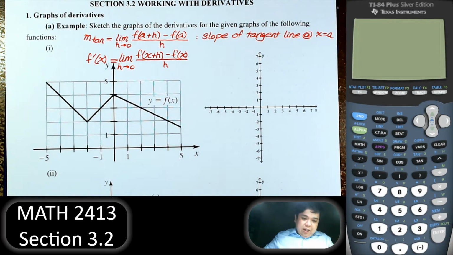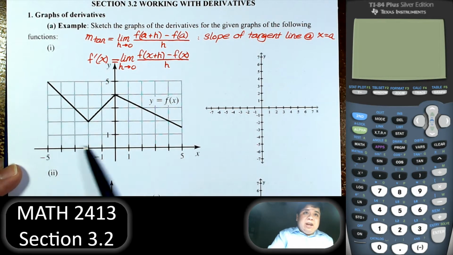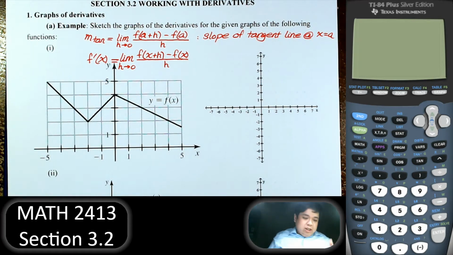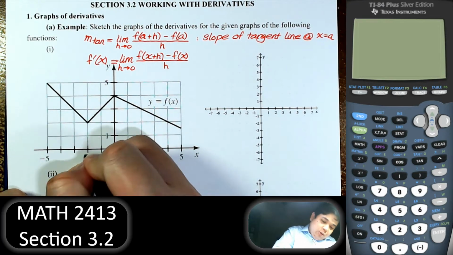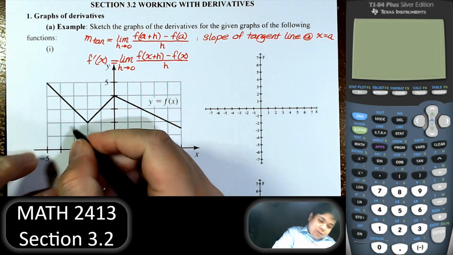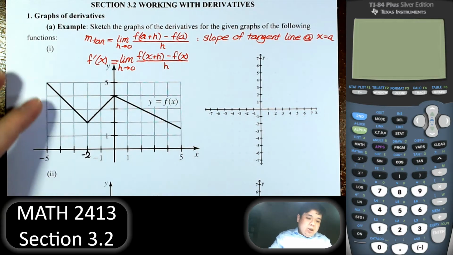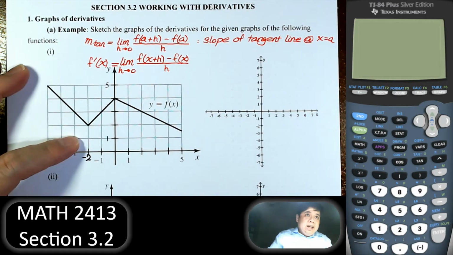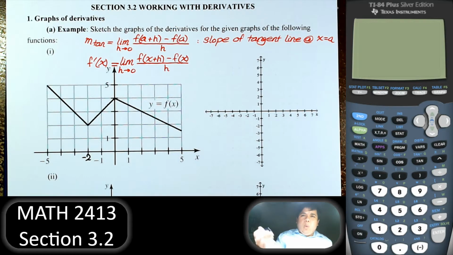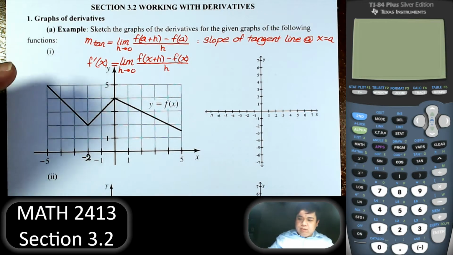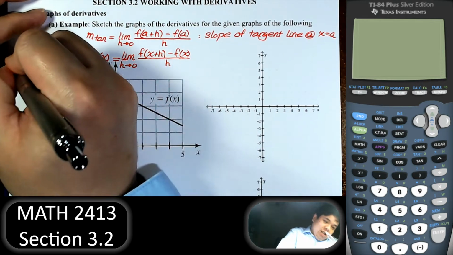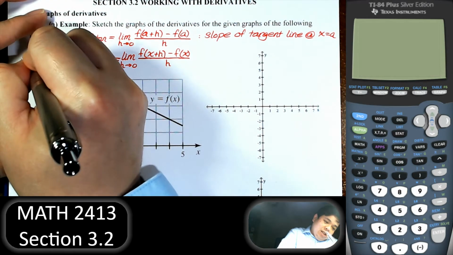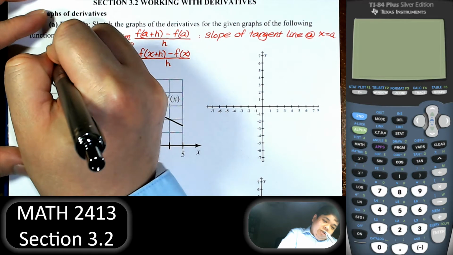So first, based on the graph here, what can we say? From -5 to -2, the slope here is equal to what? It's going down. Way back in grade school, we learned that the slope, loosely speaking, is just rise over run.